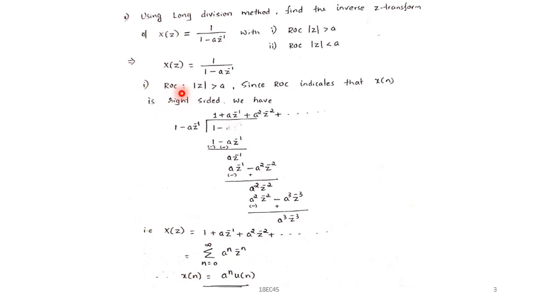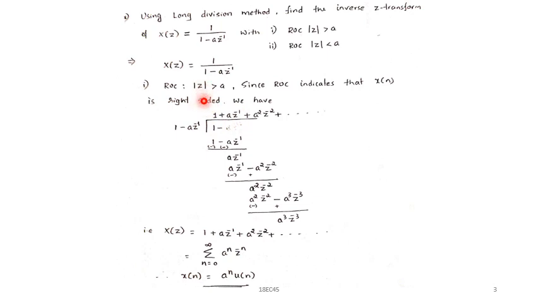The first condition is ROC mod z greater than a. Since the ROC is of the greater than form, x(n) is always a right sided sequence. This is one of the properties of the ROC.